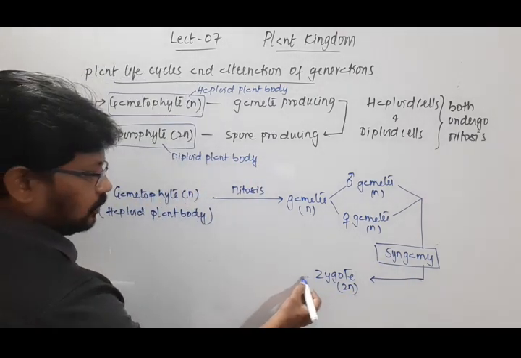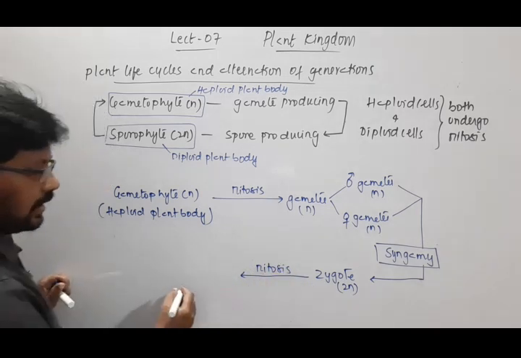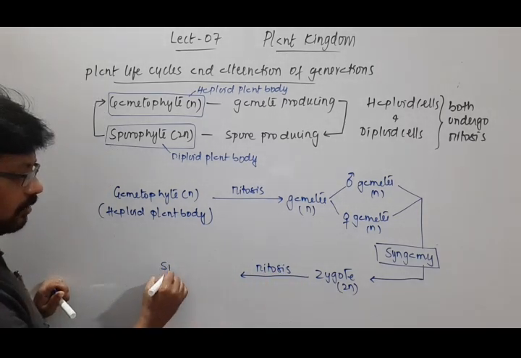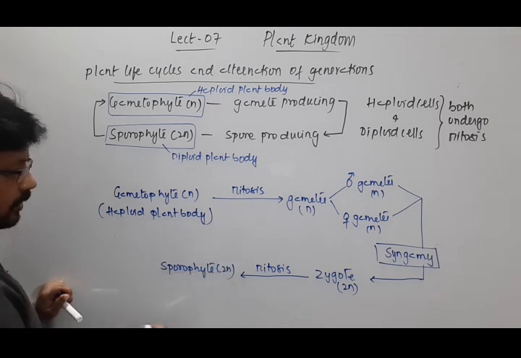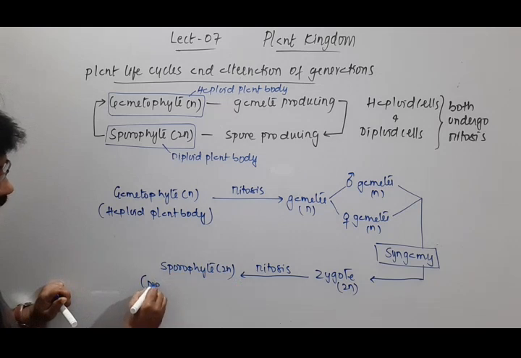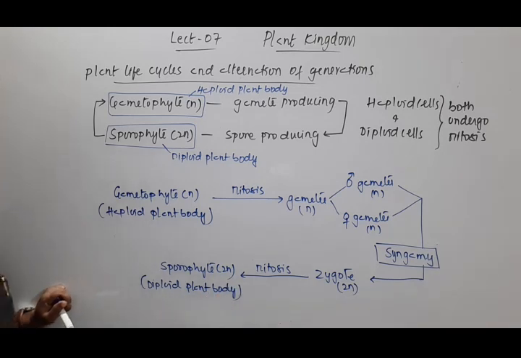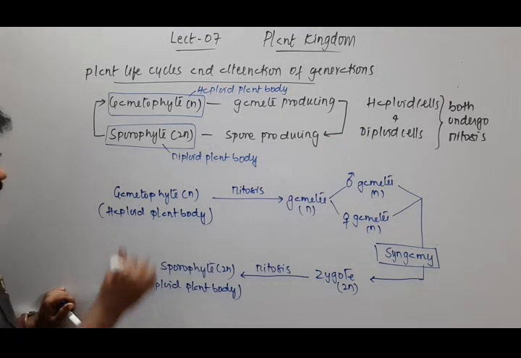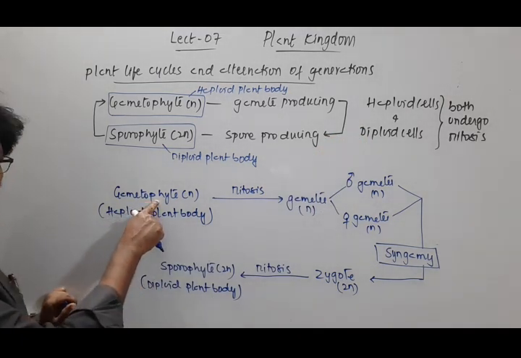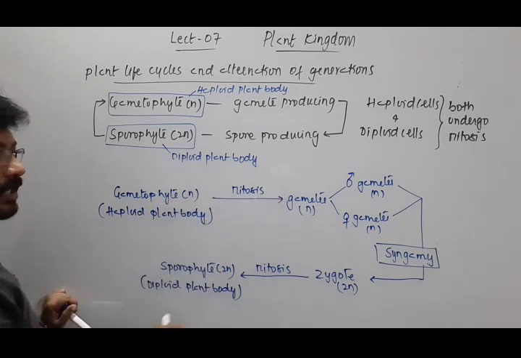Now this zygote will undergo mitosis and results in the formation of sporophyte. Okay, so this is the diploid plant body, so you can see here, as I mentioned, haploid and diploid cells undergo mitosis. So these haploid cells of gametophyte undergo mitosis, and they're producing gametes.